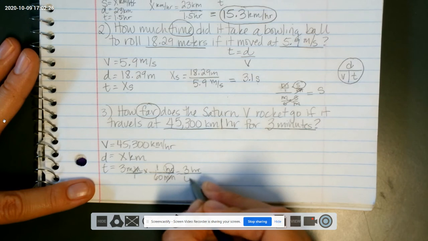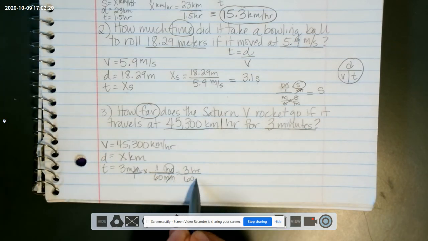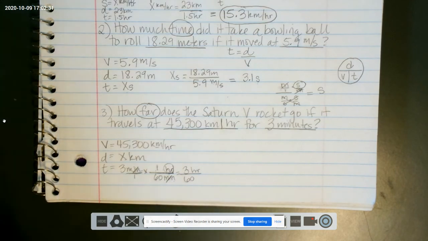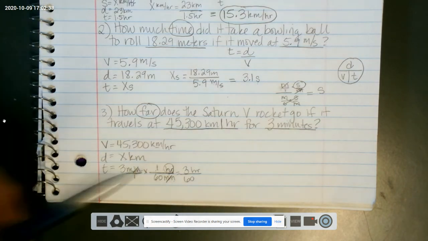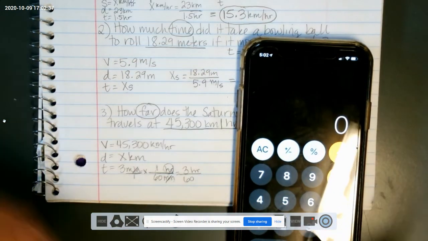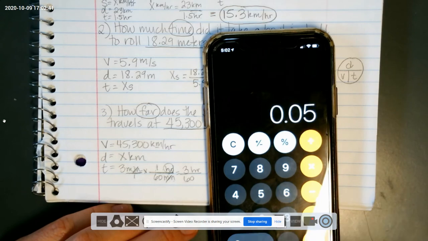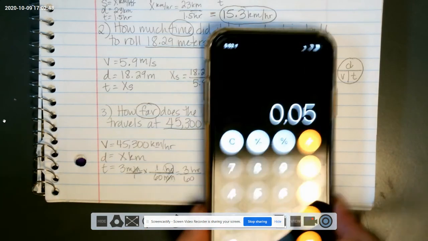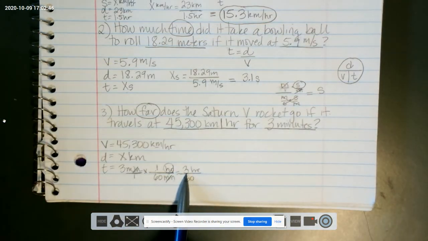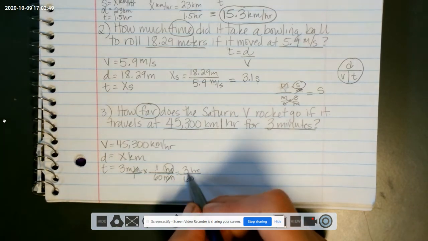60 times 1 is 60. So I have 3 divided by 60, and there's no units on the bottom anymore because we canceled minutes. So now 3 divided by 60 is going to give me how many hours I need. So 3 divided by 60 is 0.05 hours, which makes sense because 3 minutes is not very long when we're talking within an hour.